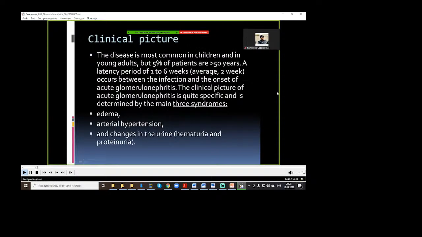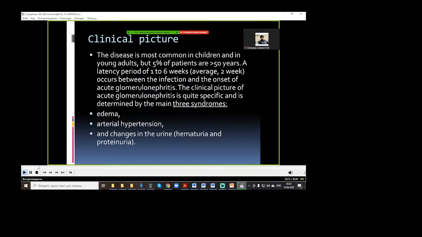Clinical picture. The disease is most common in children and in young adults, but 5% of patients are more than 50 years old. A latency period of 1 to 6 weeks, average 2 weeks, occurs between the infection and the onset of acute glomerulonephritis.